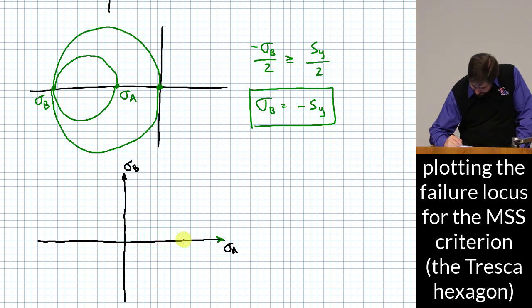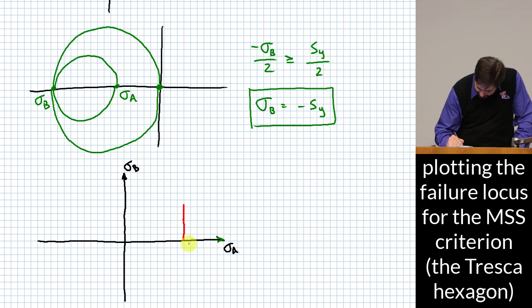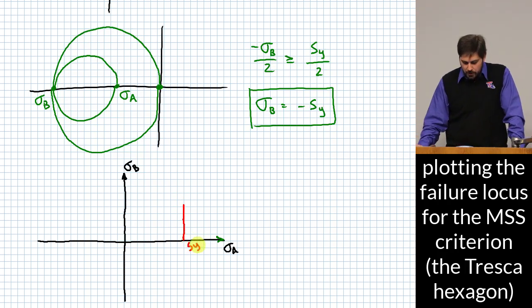Okay. We basically draw this vertical line, right? Because it really only takes one stress. As soon as one stress gets larger than S sub y, then we predict failure.